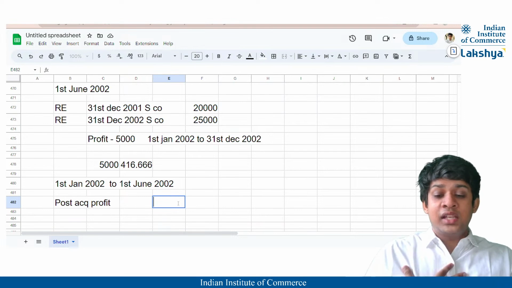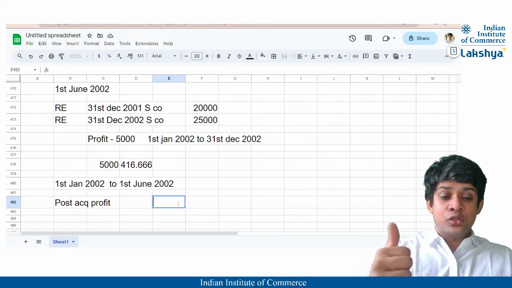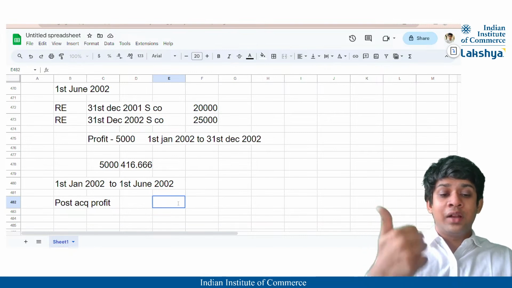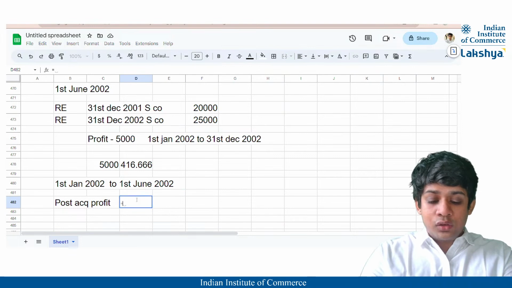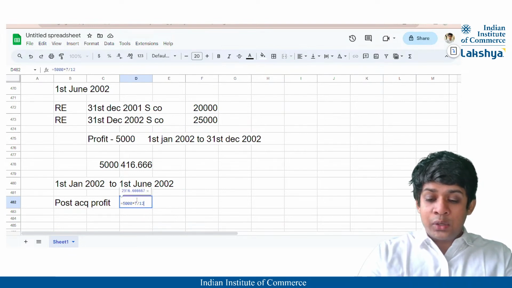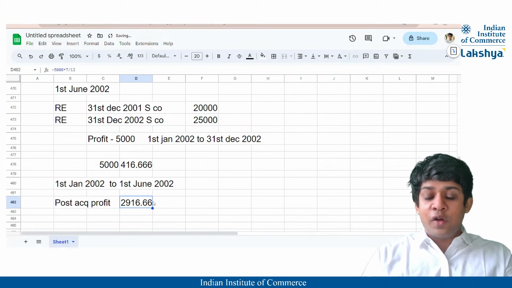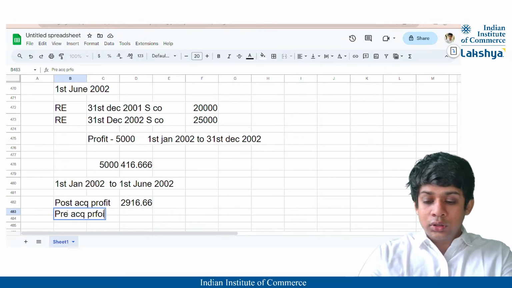What is attributable to us is going to be from 1st June to 31st December. That is June, July, August, September, October, November, and December. 7 months, right? So 5,000 into 7 divided by 12, right? This much of profit belongs to the group, and before that the pre-acquisition profit does not belong to the group, right?